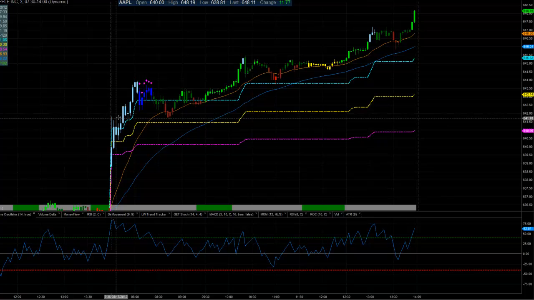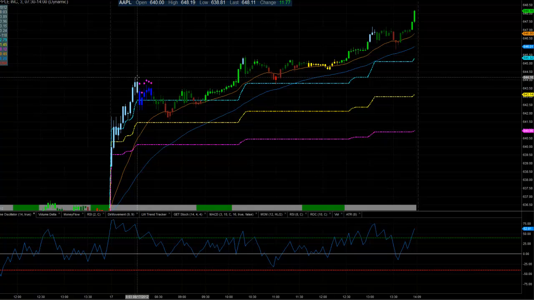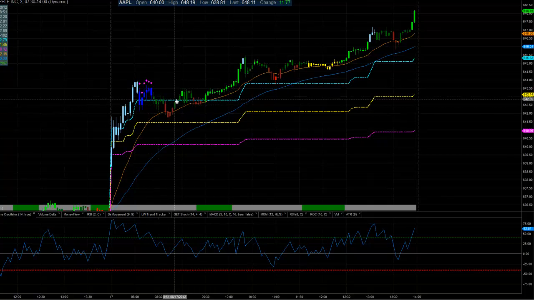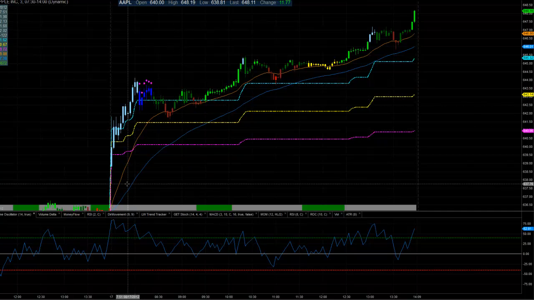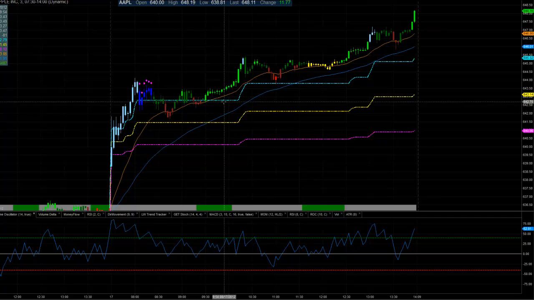So to understand how that works, for example, here's the high of the day in the morning, and then price does not make a higher high for a while. So that's why these dynamic pivots are flat here. Until you start either breaking lower and making new lows of the day, or higher and making new highs of the day, the dynamic pivots will not change, right? It's just so you kind of understand the concept of what that does.